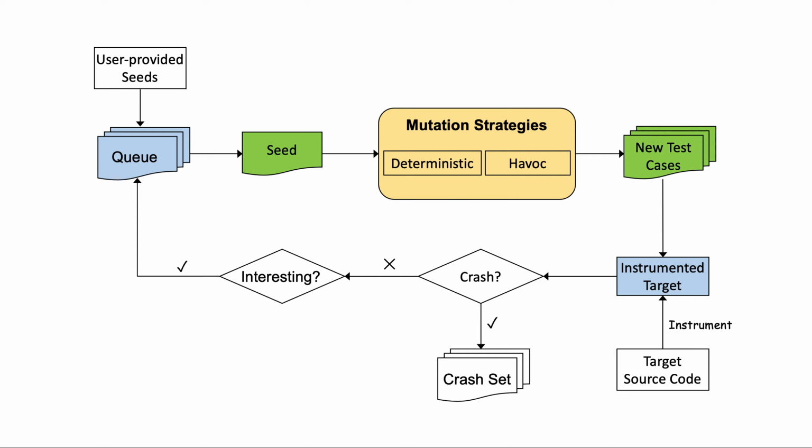Then it runs the target program with new test cases and monitors program execution. If the test case makes the program crash, then add it to the crash set. If the test case is interesting, that is to say, this test case brings new coverage, then add this test case to the input queue.